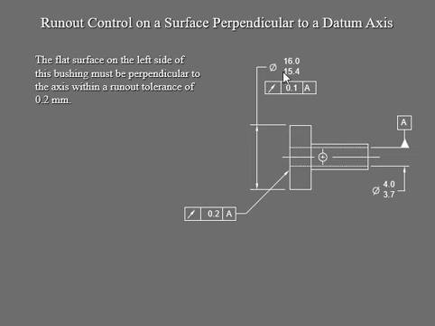That control is going to be 0.1 circularity, which is your circular runout we're talking about, meaning runout means the whole thing. So that perpendicular surface to that axis, your runout tolerance 0.2. We can read it, and we can also see it very clearly.